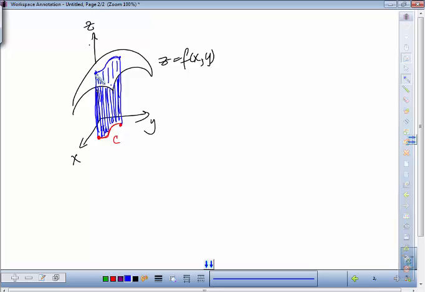So the surface up here, each point, if we take a look at a little sub-interval over there, we can see this going up to the surface. So what do we have here? We have the curve C on the xy plane.